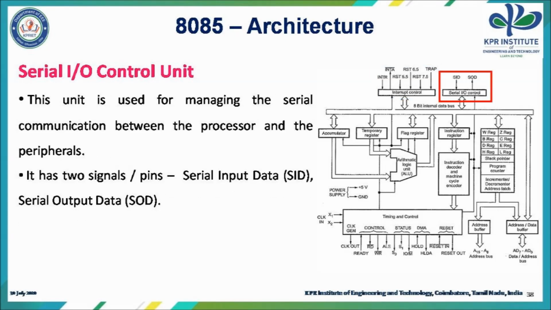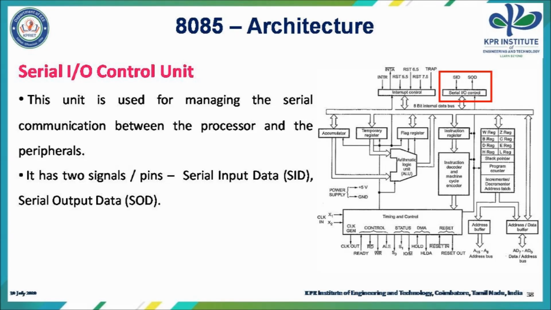The next block is the serial I/O control unit, which is used to control the serial communication of the 8085 microprocessor. It has two pins, SOD and SID, serial output data and serial input data. This unit controls the serial reception and serial transmission of bits one by one.